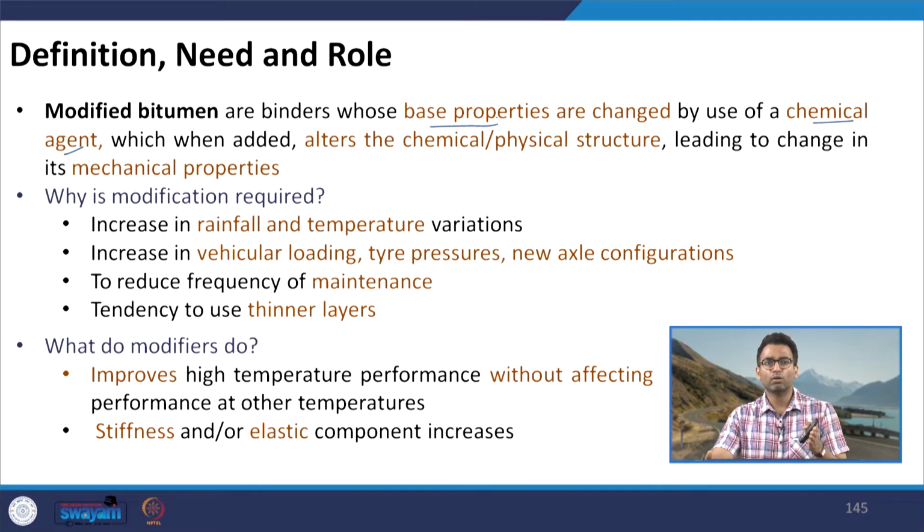Other than this, the modifiers can also increase the stiffness at higher temperatures. If it increases the stiffness, the strain tolerance of this material increases, which also helps in better load distribution of the mix made of modified binders, and it will also help to tolerate a higher amount of strain before failure. So, we have to understand this difference between increasing the stiffness and increasing the elastic component.